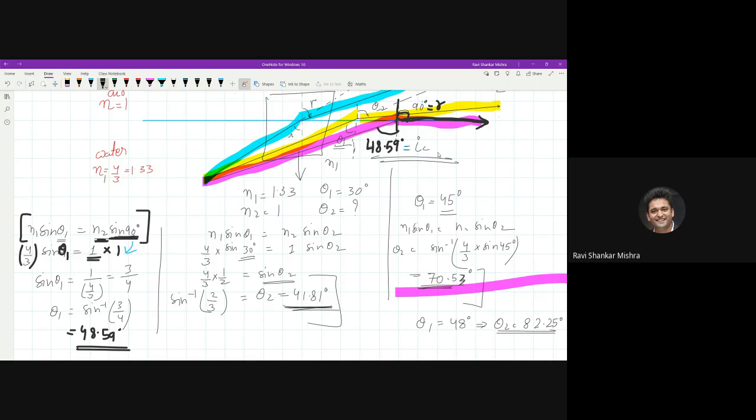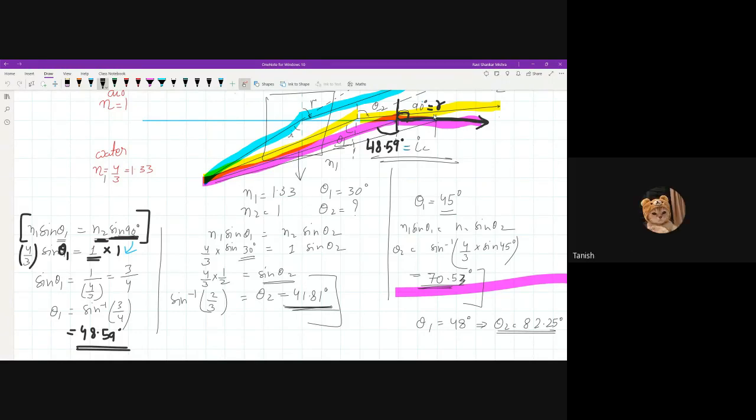If the angle of incidence will be more than critical angle, like in this case 48.59 degree, at that time the light ray is grazing the surface. If I increase this angle of incidence, means if I take it here, so this angle is definitely more than 48 degree, and in this case light ray will not be able to cross the water boundary, right?